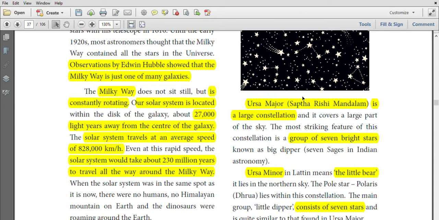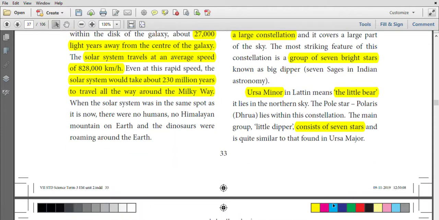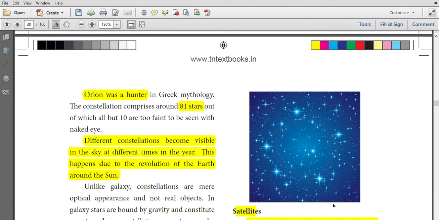It is also called Saptarshi Mandalam. It has 7 bright stars. Ursa Minor is otherwise called the Little Bear. It also consists of 7 stars. Orion is called Cantor. It contains 81 stars.